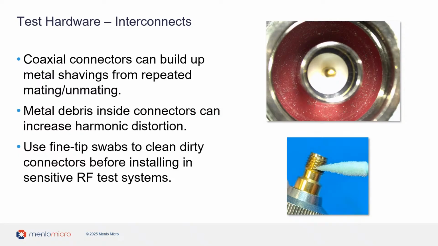These metal shavings can actually generate harmonic distortion due to intermetallic effects in the path of the ground of the connector, and this will cause a deterioration in the harmonic measurements coming from that system, potentially changing over time as the connectors are mated and unmated.